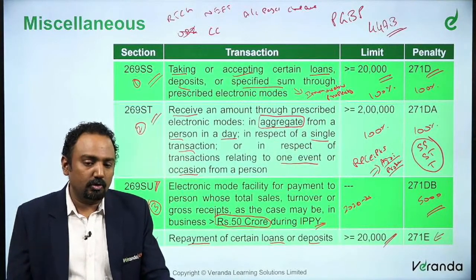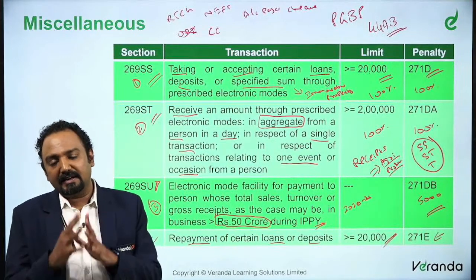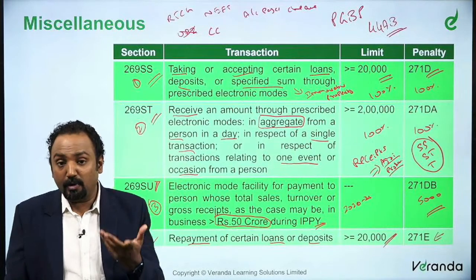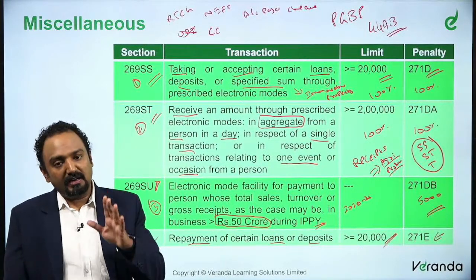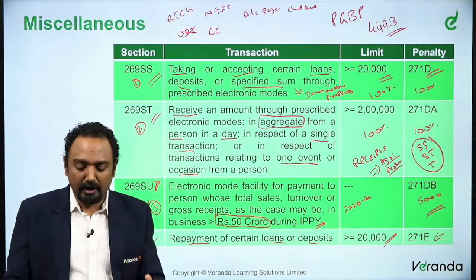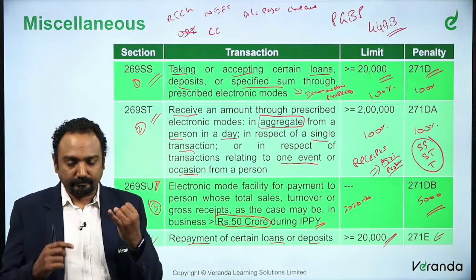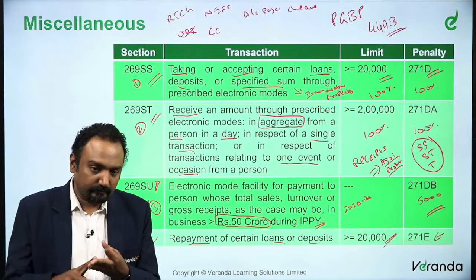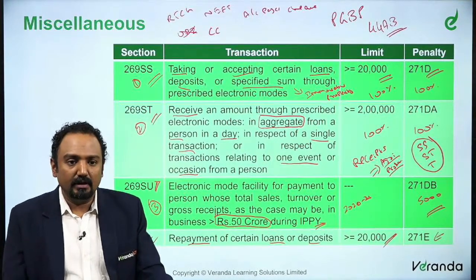So, these are the 4 sections primarily categorized as miscellaneous sections, where it impacts your PGBP, the profits or gains from business or profession, and it is also part of your 44AB. In Form 3CD, there are relevant clauses to cover provisions of 269SS, ST, SU and T.